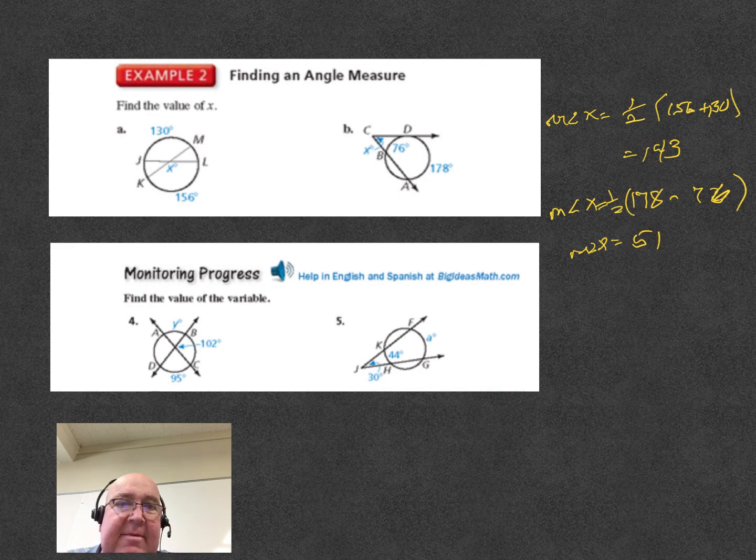Here we have the same, except we're given a variable for an arc length. So in this problem number 4, we're going to have 102 is equal to 1/2 of 95 plus y.